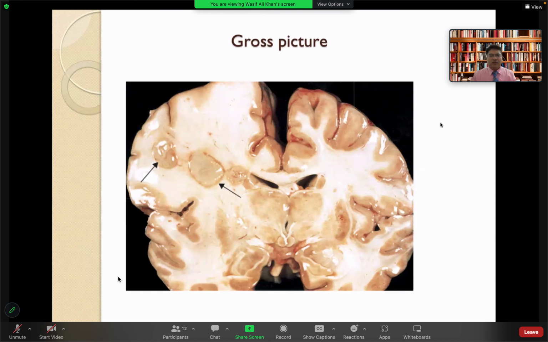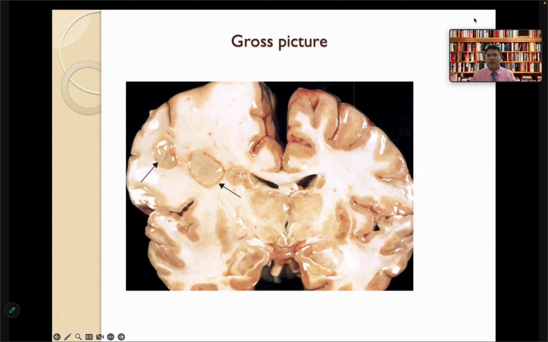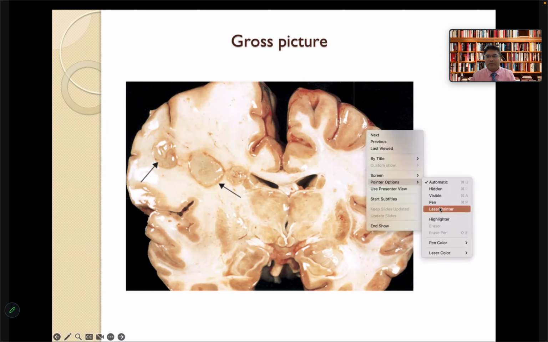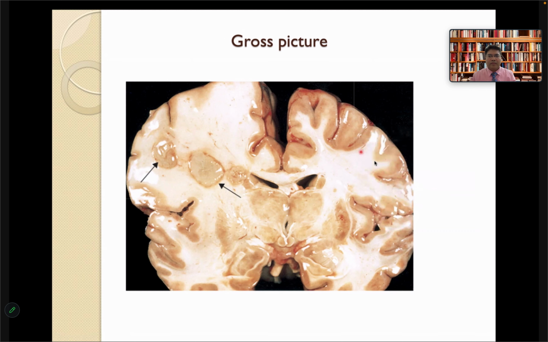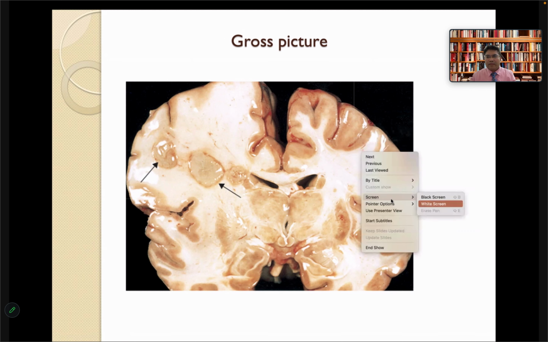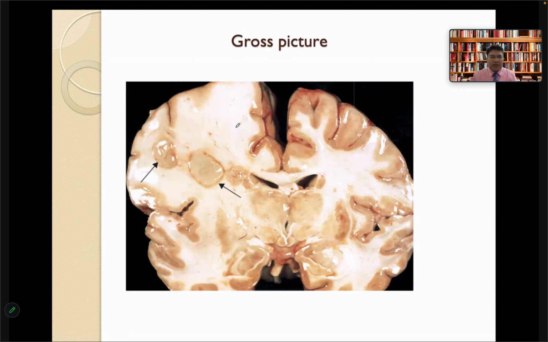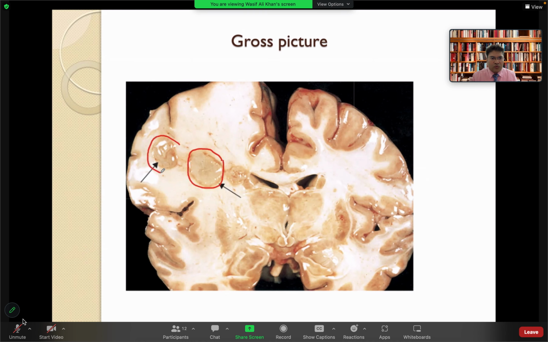Right. Now, if you look at this slice of brain, gross picture, you will find there are 1 and 2 prominent lesions.